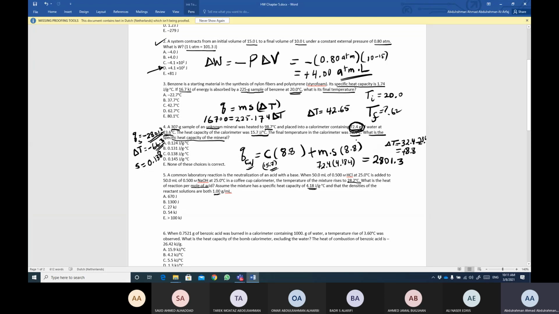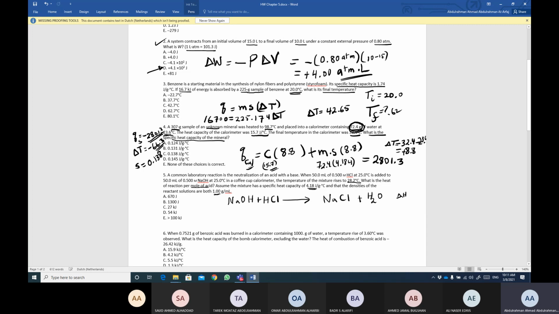gram per milliliter. So first, to solve this problem, you have to make the reaction: NaOH plus what? HCl. What are you going to have? NaCl plus H2O. We want to calculate delta H of this reaction.